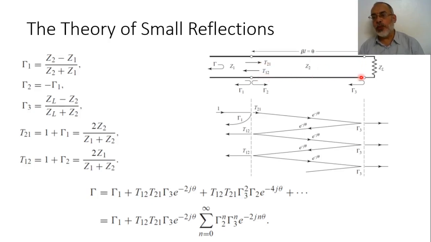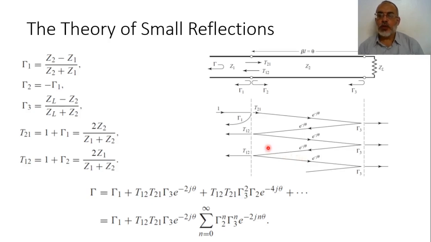Then it will go back to the load impedance here and be reflected back once again by gamma 3 to this point. So we have another bounce. This bounce starts from gamma 2 multiplied by gamma 3 to reach this point. It would be multiplied by an additional e to the power minus j2 theta.